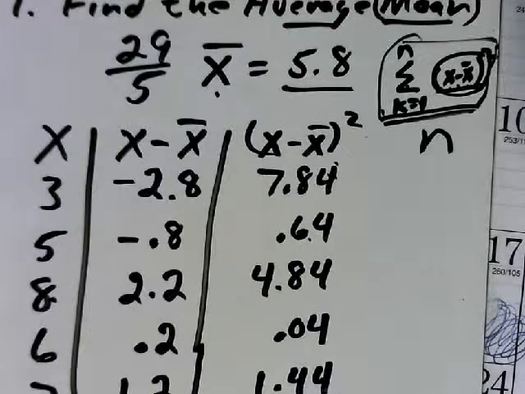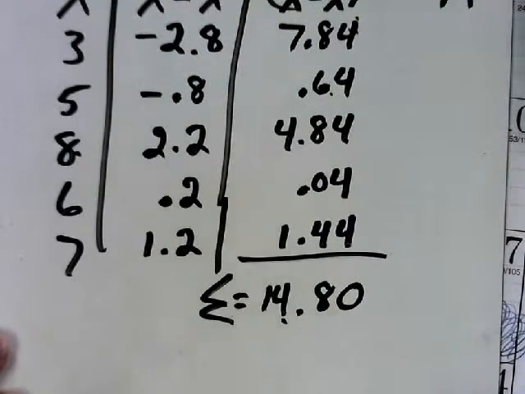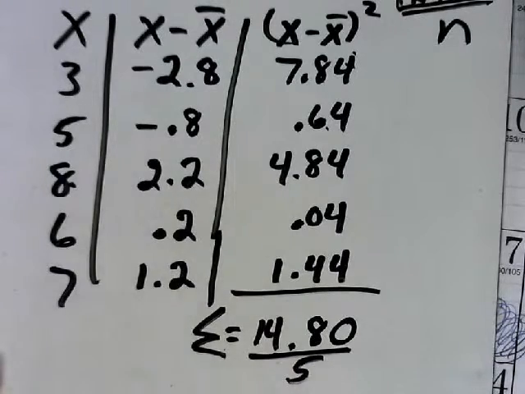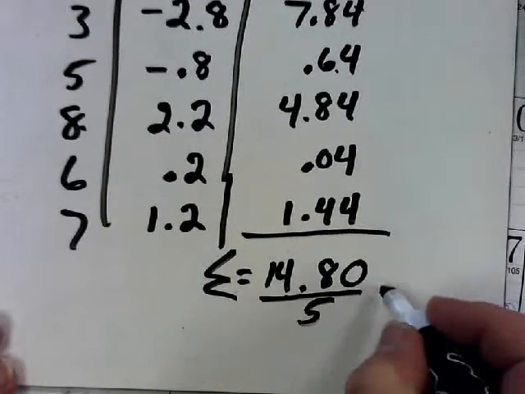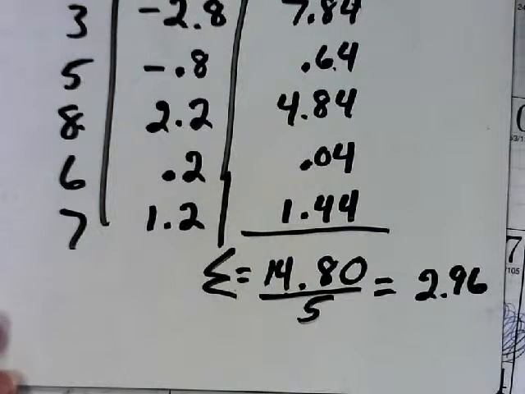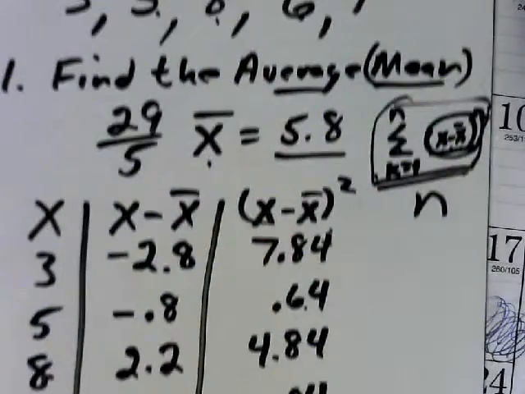What would be the next step after I've got this sum? Divide it by what? And how many n's did I have? So I divide it by 5. 2.96. How'd you get 5? That's how many numbers that I was working with up here in my original set.